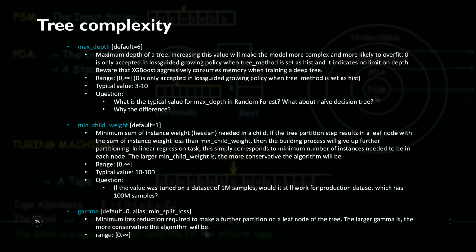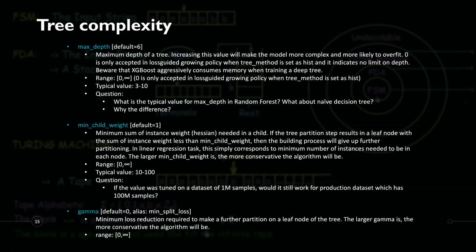Again, I would like to throw another question. If we tune a model, let's say we tune this parameter against a sample set with 1 million samples, and by the end of the day we say, okay, the best value for min child weight is 30.